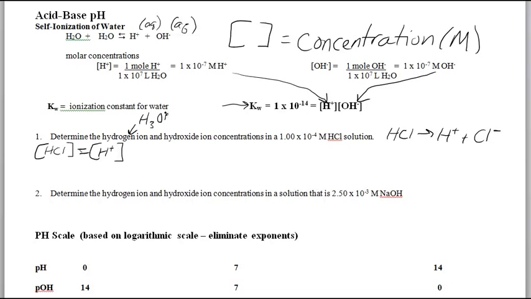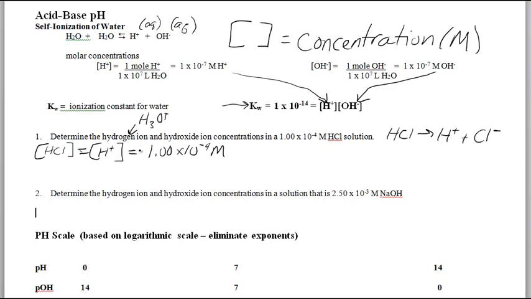It means the same thing. Sometimes it's hydronium, sometimes it's the hydrogen. And it equals 1 times 10 to the -4th molar, because the hydrogen ion concentration is the same as the acid concentration. So I found one of them.